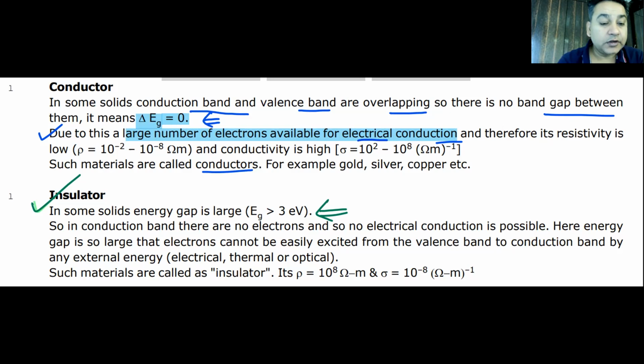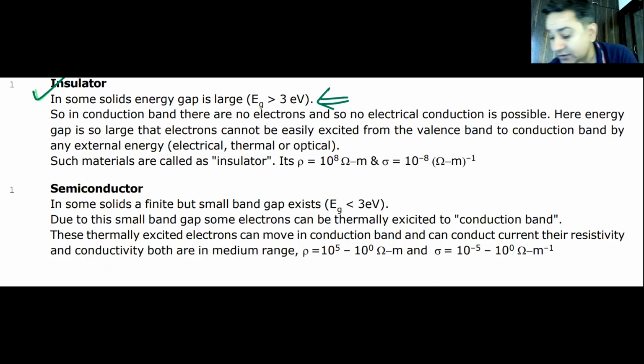But understand that in this chapter, we are not going to study conductors. In this chapter, we are not going to study insulators. What are we going to study in this chapter? Semiconductors. For semiconductors, the energy gap should be less than 3 electron volts.